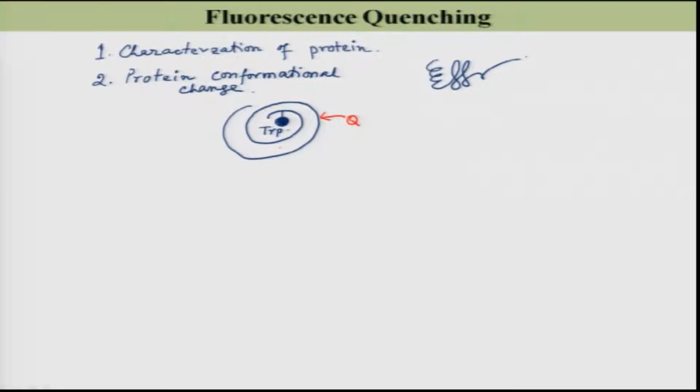Now, consider that you have done something to this protein, so that the protein chain, the secondary structure of the protein, is getting distorted. That is what is referred to as the unfolding of the protein or the change in the conformation of this protein. So, you put some perturbation so that the protein is unfolded.